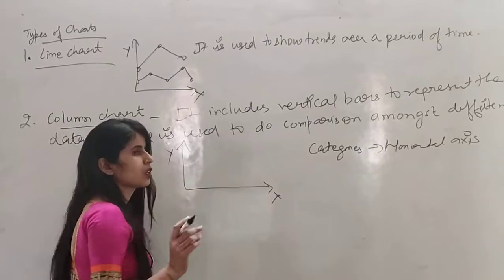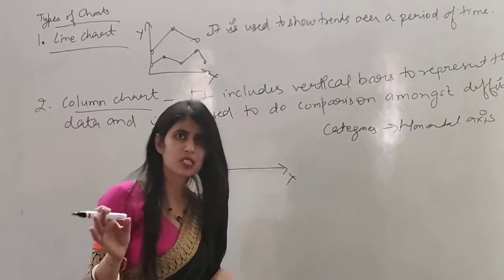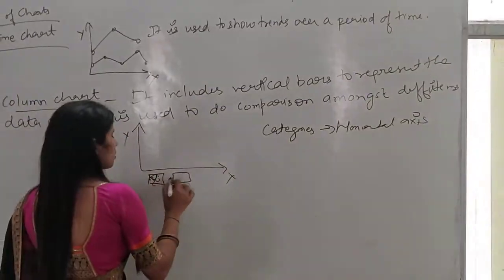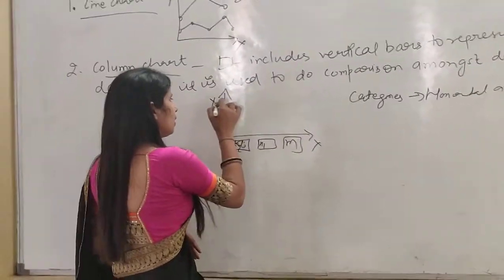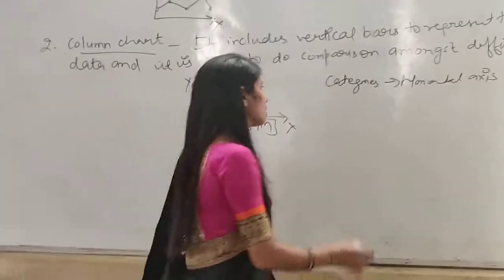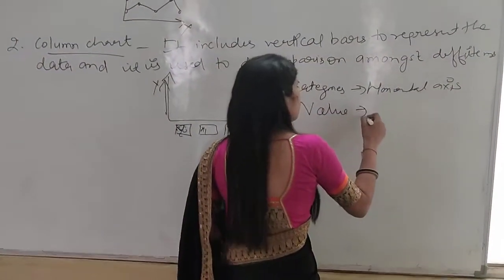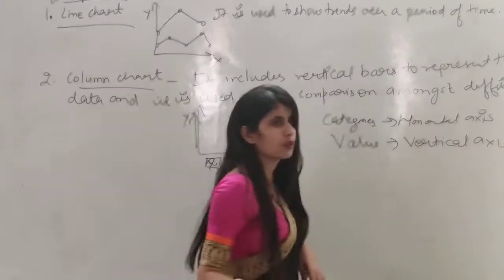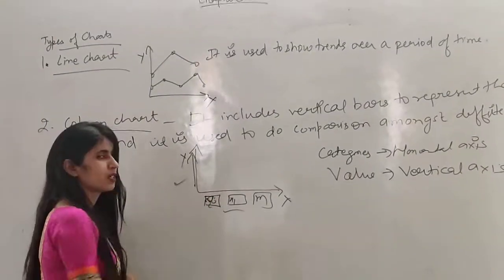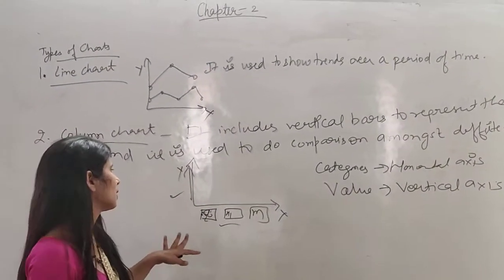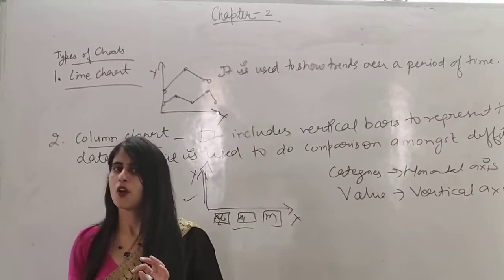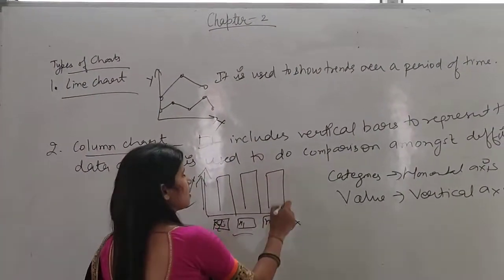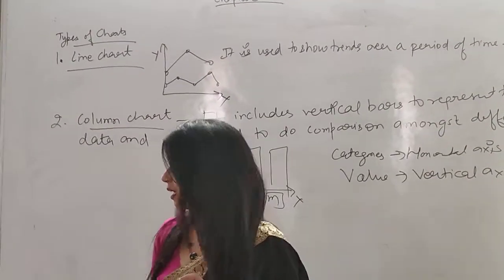Suppose we are talking about subject marks, so here it will show you the subjects, English, Hindi, Maths, and this is the vertical axis, so they will show you the value on vertical axis. Category axis, value axis. On category axis we represent the categories and here we represent the values. These are the vertical bars that we use to denote the data.